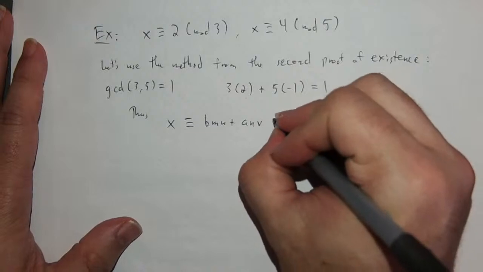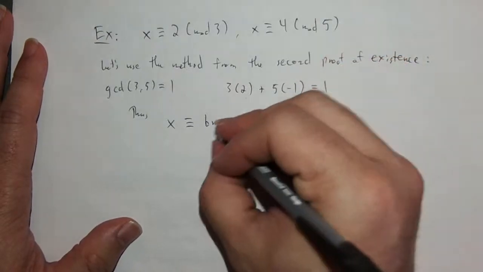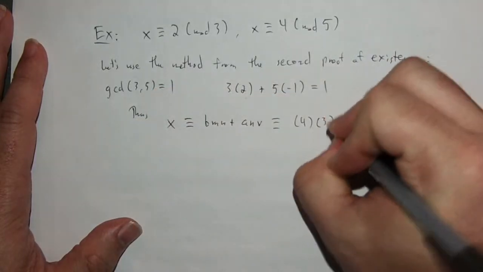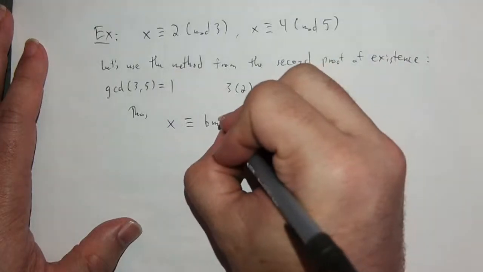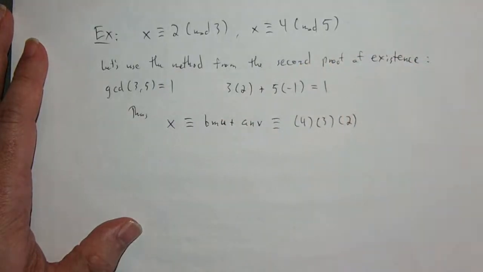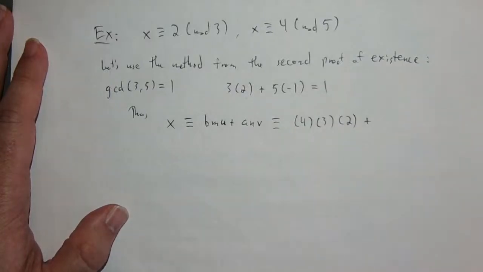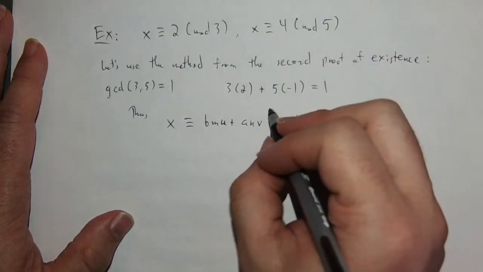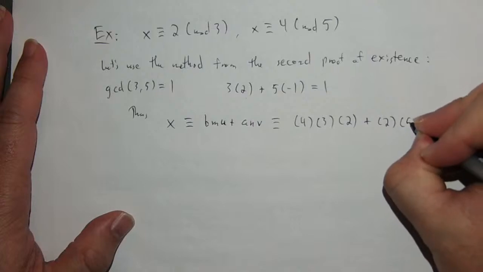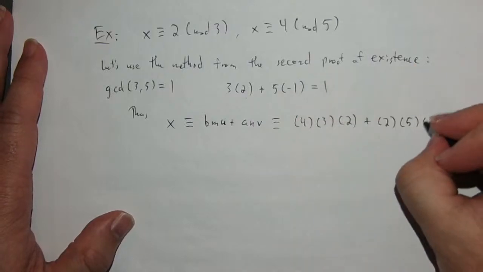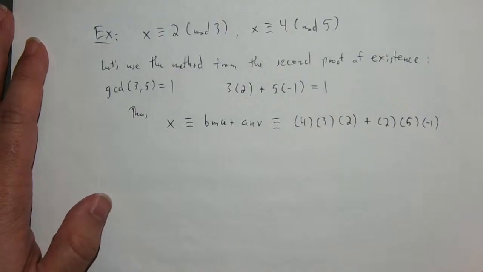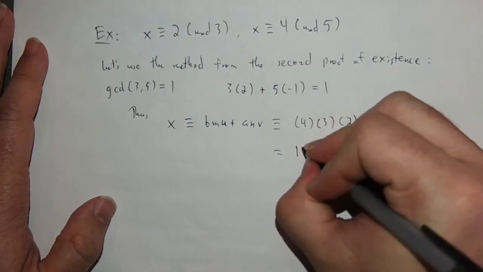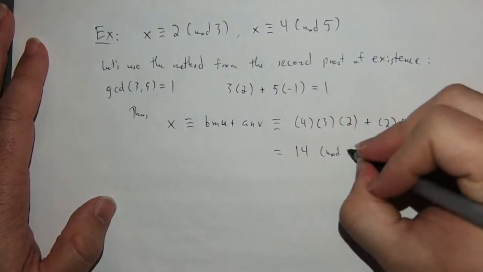Unpacking what those things are, 4 is B. That's 4 times M, so that's 4 times 3 times U, which is 2, plus A, which is 2, times N, which is 5, times V, which is minus 1. So this is 24 minus 10, that's 14, mod 15.